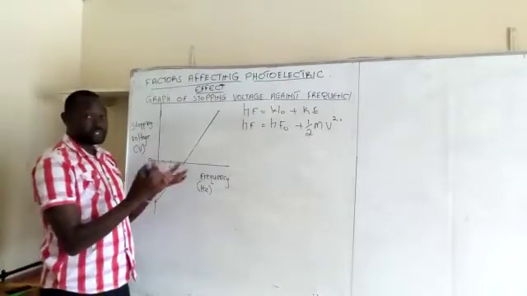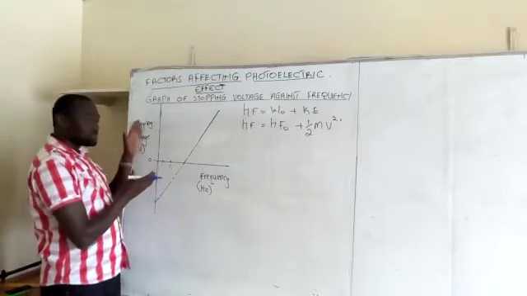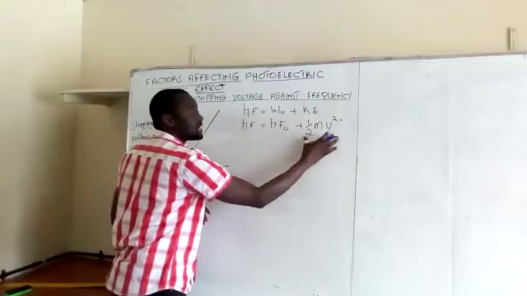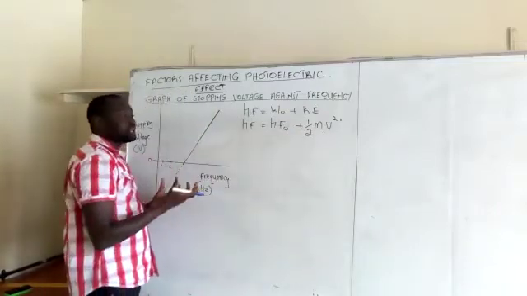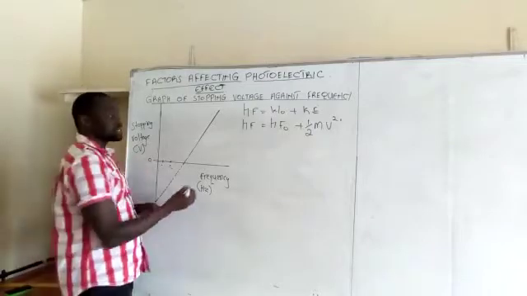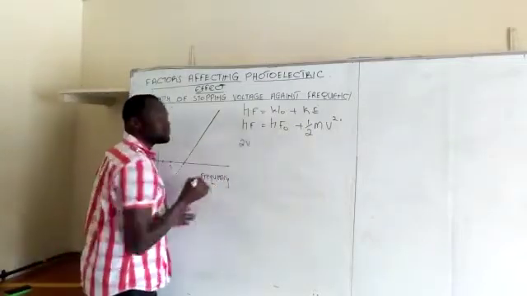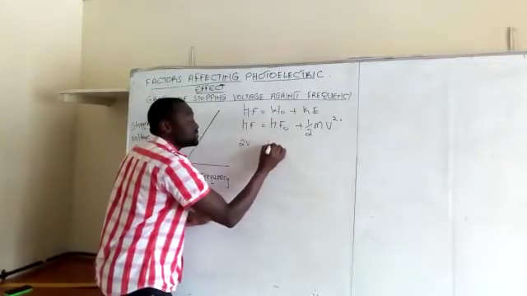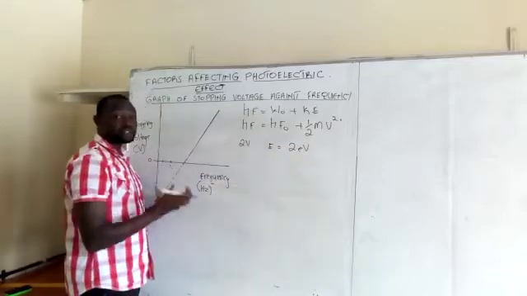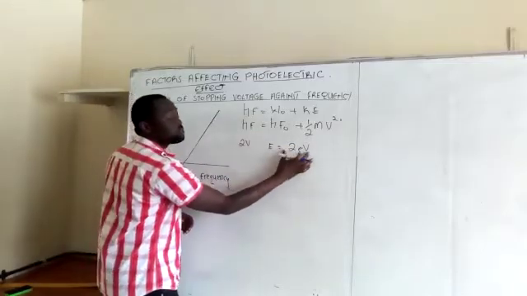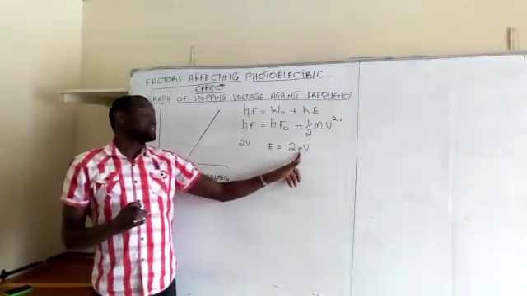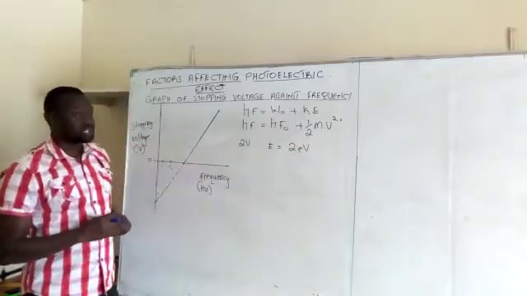Now we bring in the situation where the stopping voltage is used to stop the kinetic energy. Remember, we said we can express energy in terms of eV. That means that if we have used 2 volts, then the energy used is 2 eV, and we can now convert this to energy in joules by simply multiplying the voltage by the electron charge, 1.6 times 10 to the power negative 19.